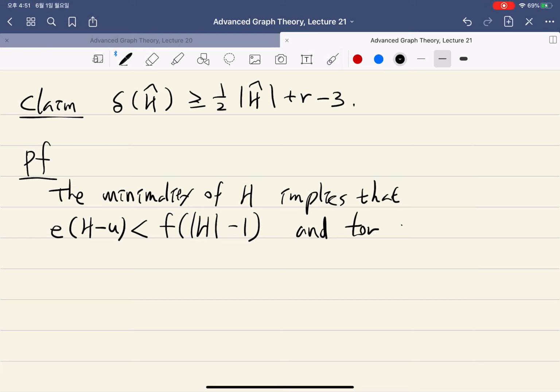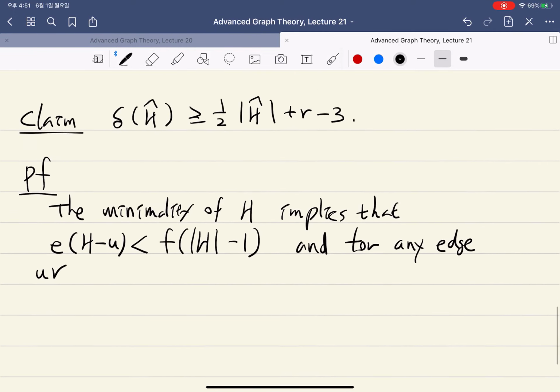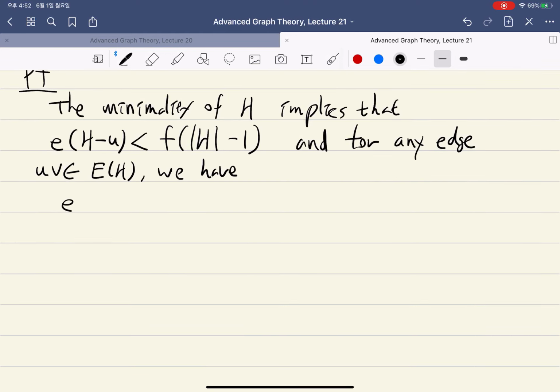And for any edge UV, so this U is actually the minimum degree vertex here. For any edge UV in H, the number of edges in the graph you obtain from H by contracting UV is also smaller than this.